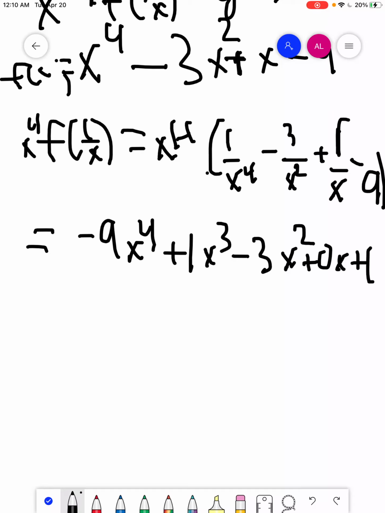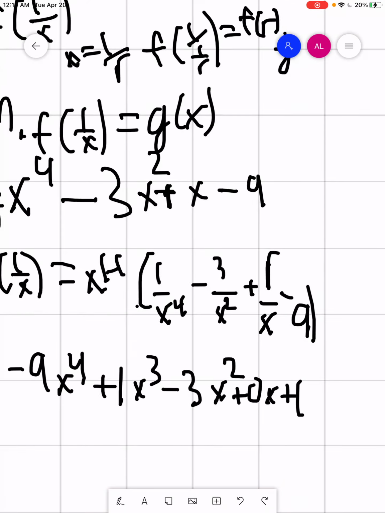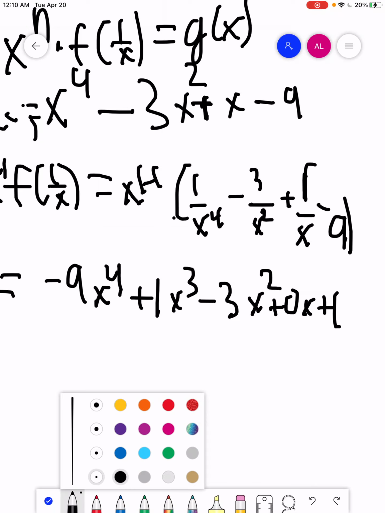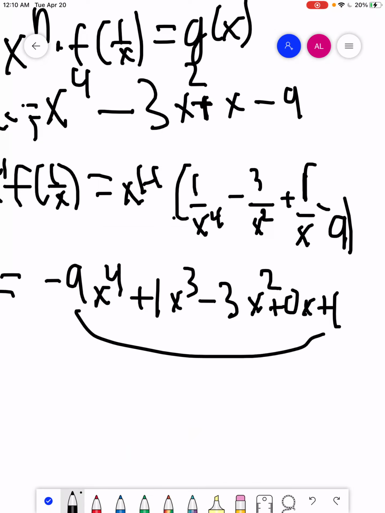So what ended up happening is that the coefficients of the terms switched around compared to the original one. I've seen a question like this 3 times in competition.